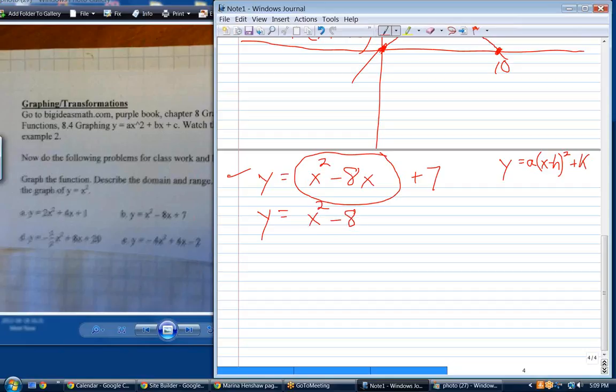So I'm going to add 16, and since I have to leave the equation balanced, I have to subtract 16. Why did I do that? To make it balanced.